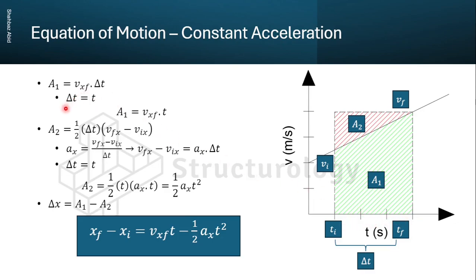Again, delta t can be denoted as t, so A1 is equal to final velocity times t. Area 2, which is going to be subtracted this time, is equal to half times delta t times this difference, which is basically the final velocity minus the initial velocity.